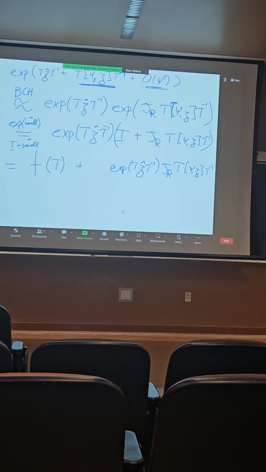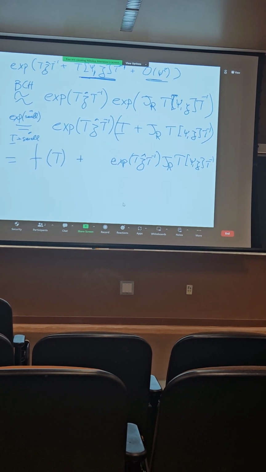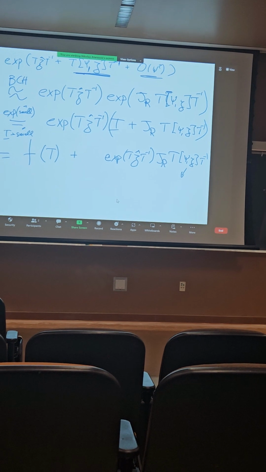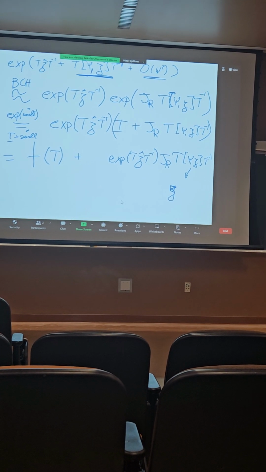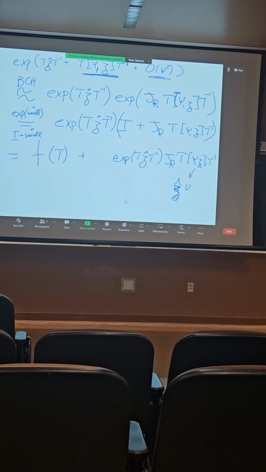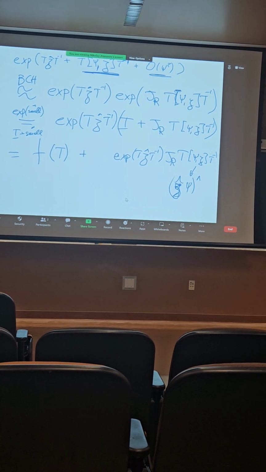I'm happy to finish this if you guys are interested, but I think the next step would be to know that this is something like zeta curly times psi hat.